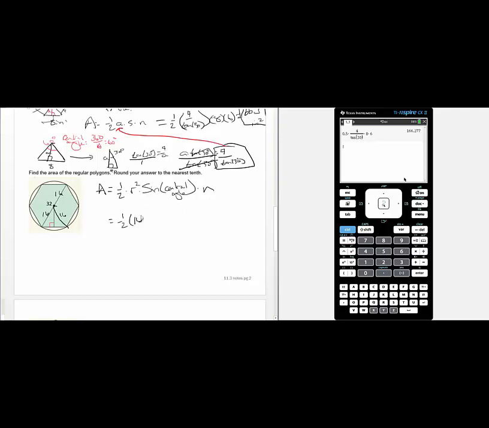1/2, the radius is 16. The central angle of a hexagon we saw in the previous problem is 60, but if you weren't quite positive, you could just take 360 and divide by how many sides there are. There's 6, so 60. And then there are 6 sides.